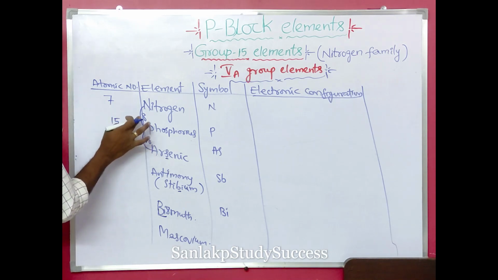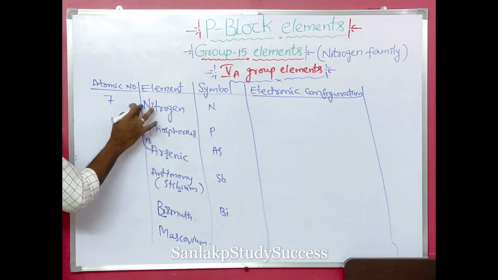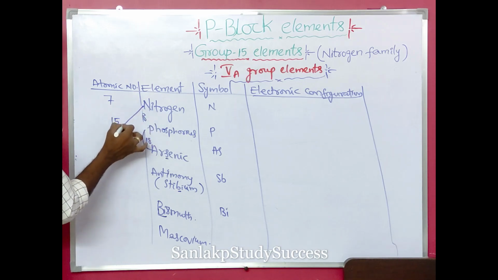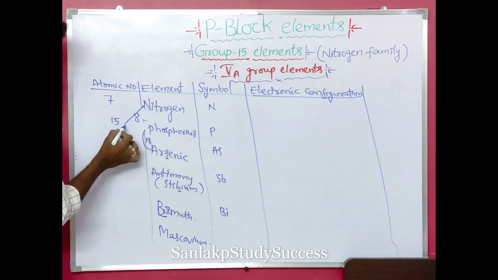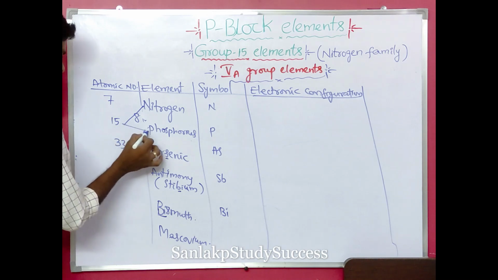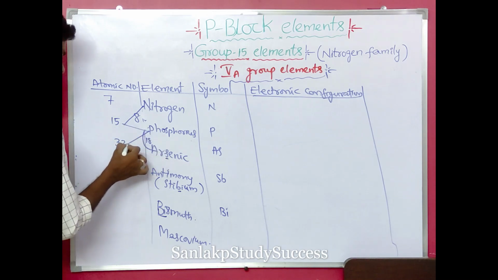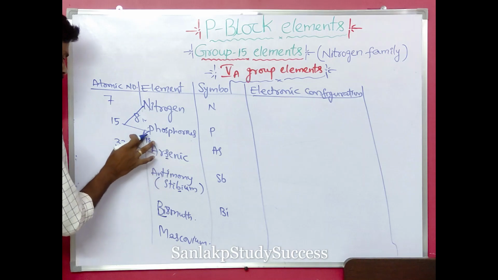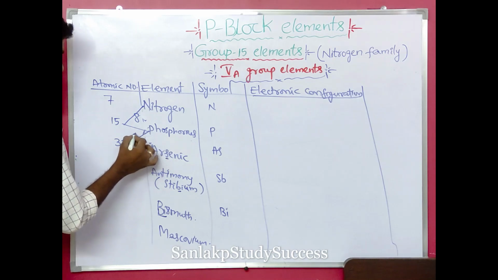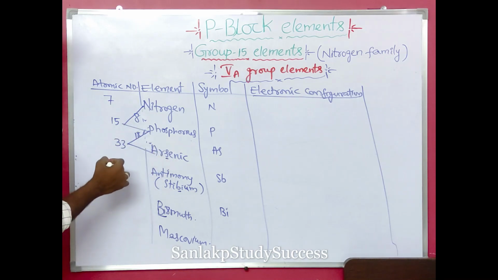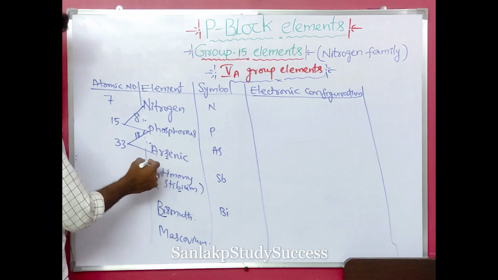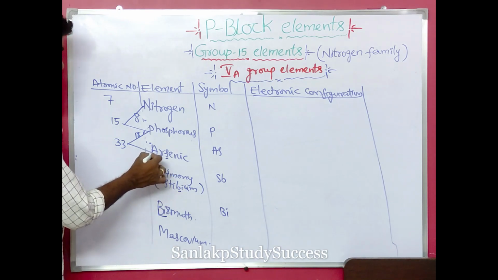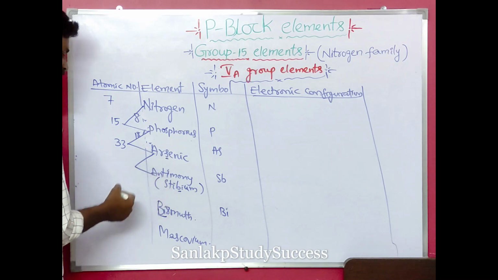Later the fifth period also contains 18 elements.